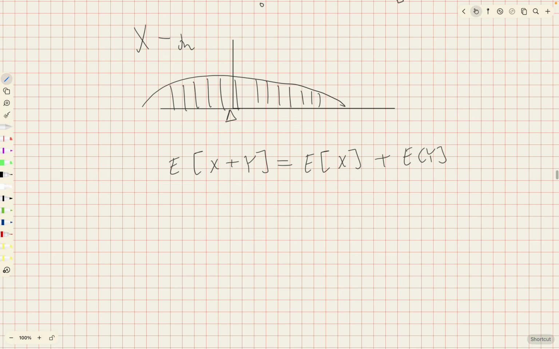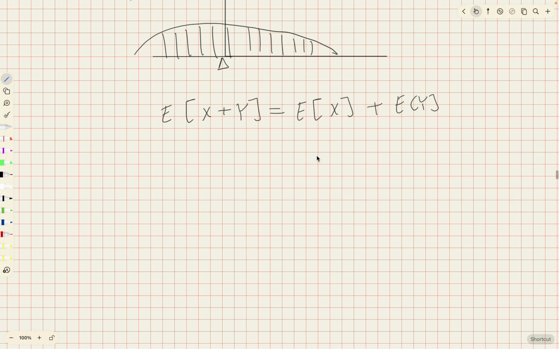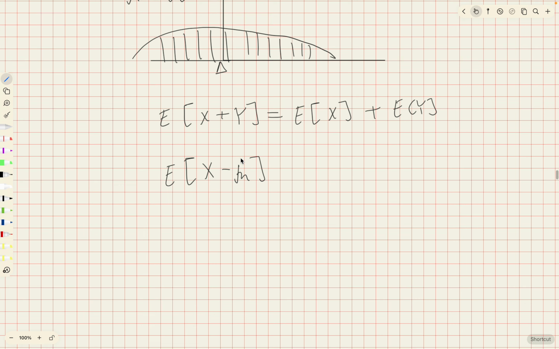So in our case, keeping this in mind, you know that this is the new distribution that we are looking for, because every value of random variable has the mean subtracted from it, and this is the new distribution.